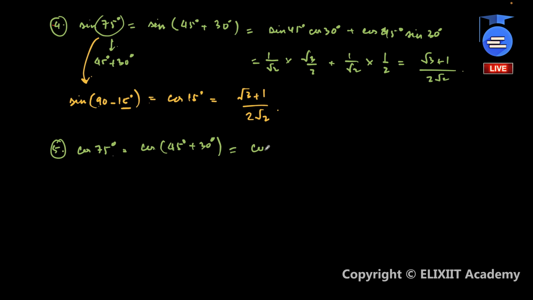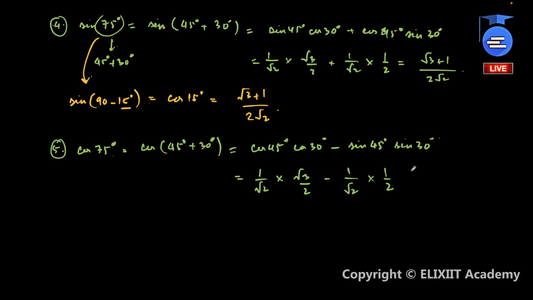Now use the formula for cos A plus B. So this is cos A cos B minus sin A sin B. So cos 45 is 1 by root 2, cos 30 root 3 by 2, minus 1 by root 2, sin 45 is 1 by root 2 and sin 30, that is half.